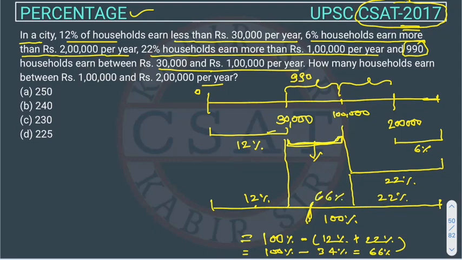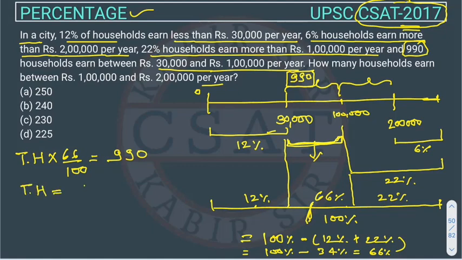And this is the total. So total household. So 66% of total households is given as 990, right? Because we know this is 66% and they have given this is 990 households. So 66% of total households will be equal to 990. So from here we can get the total households.